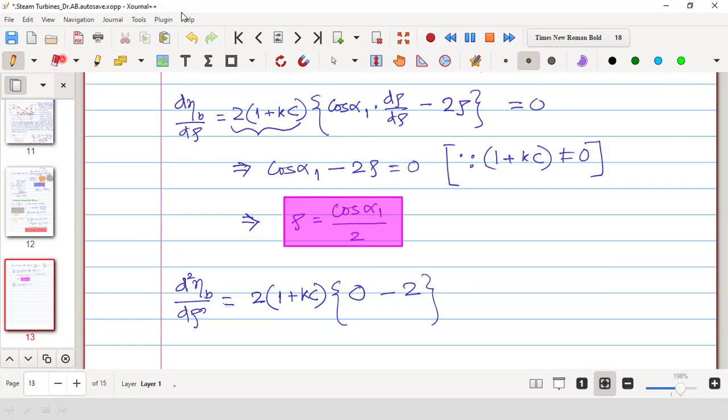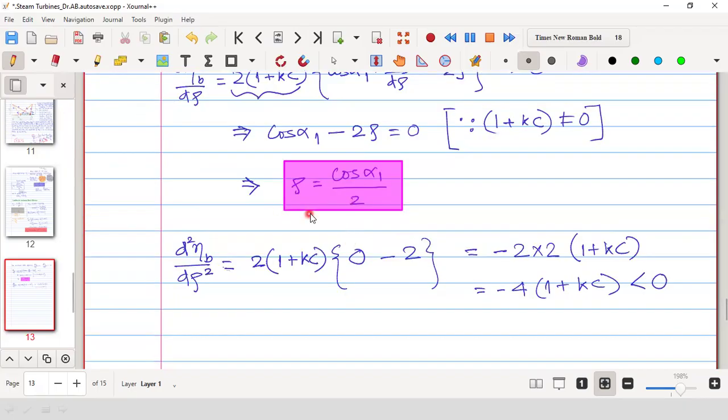So minus 2 into 2, 1 plus Kc, that is minus 4 times 1 plus Kc, which is negative, obviously, less than 0. Therefore, this is the value for which the efficiency is maximum.